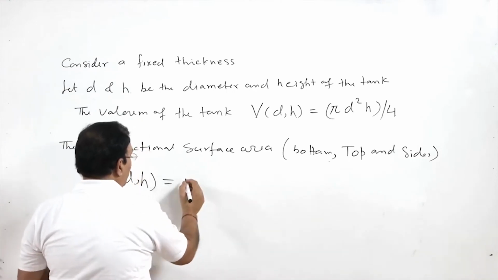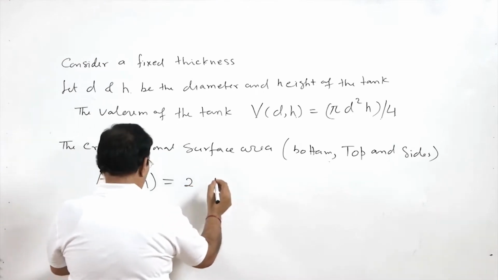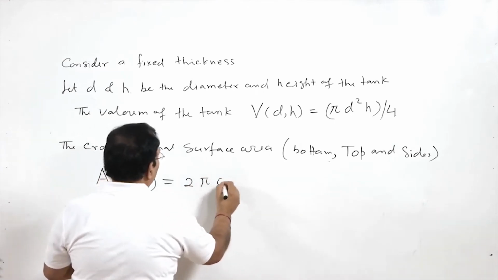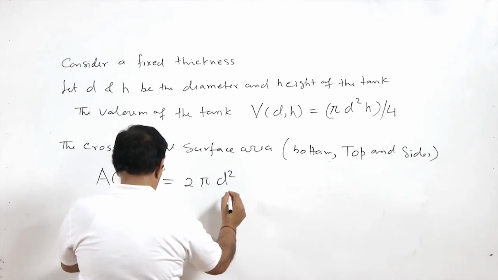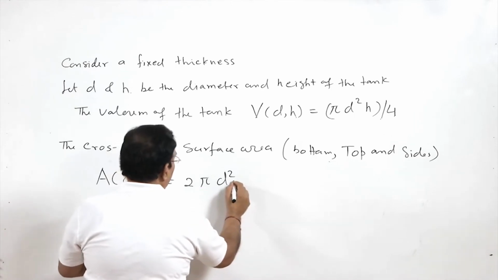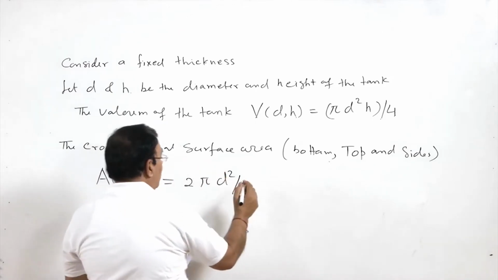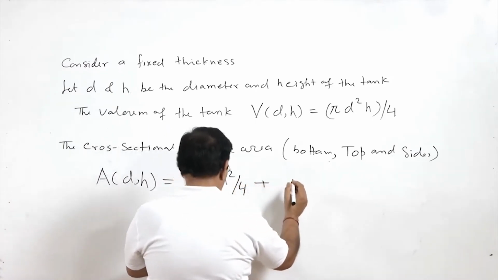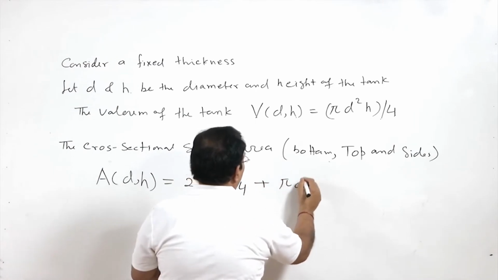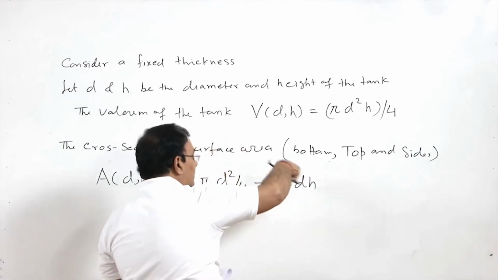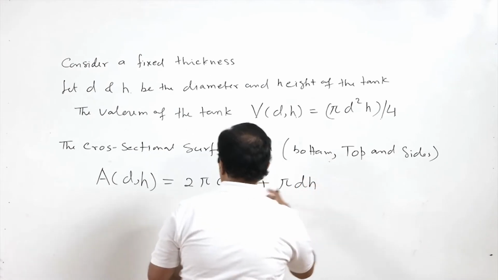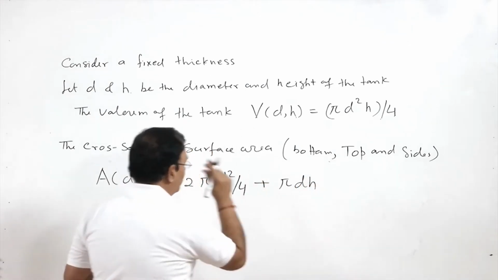I have the top and bottom, so I can write 2 times pi d square by 4, where d is the diameter; this is my top and bottom, plus pi dh is my sides, and this is my surface area.